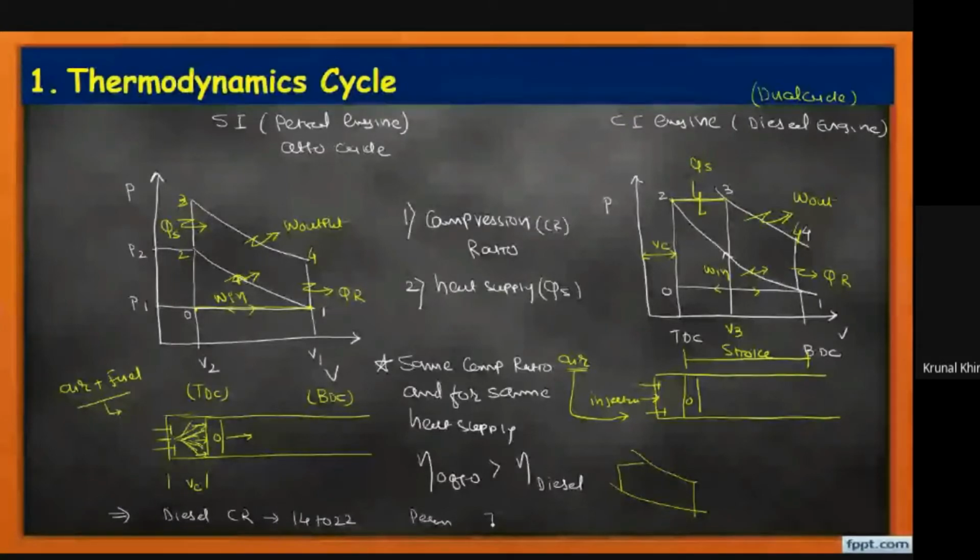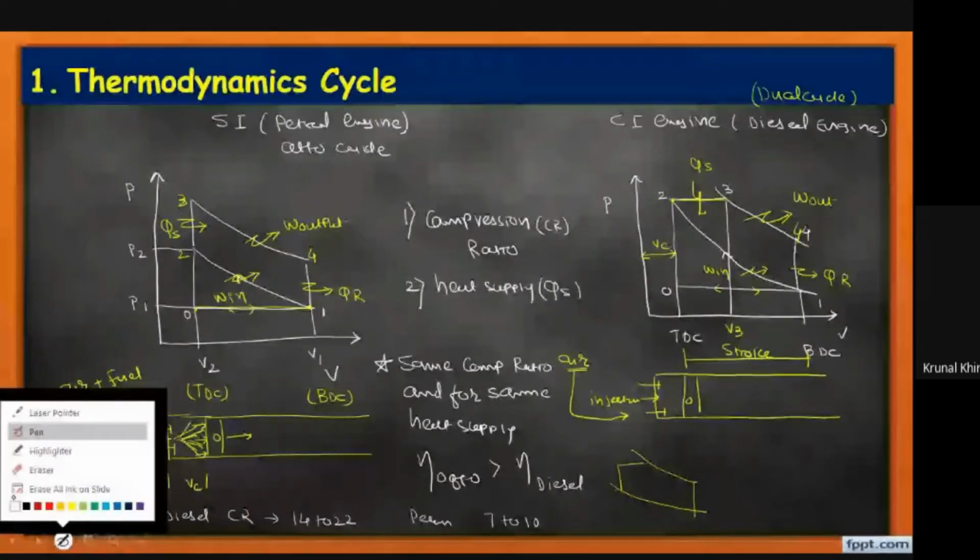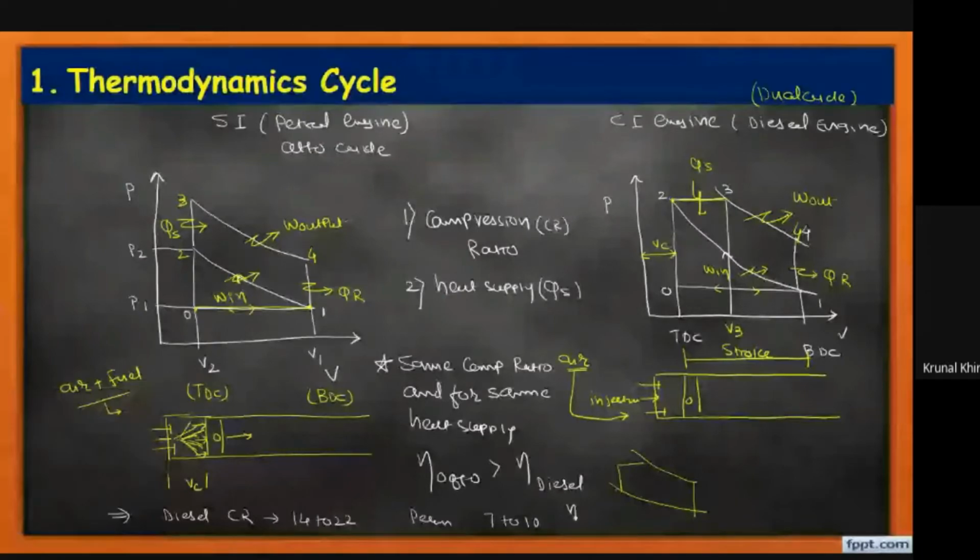So in practical life, the efficiency of the diesel engine is greater than the efficiency of the petrol engine. This is the final conclusion. In practical applications, the diesel engine has a higher efficiency compared to petrol engines.